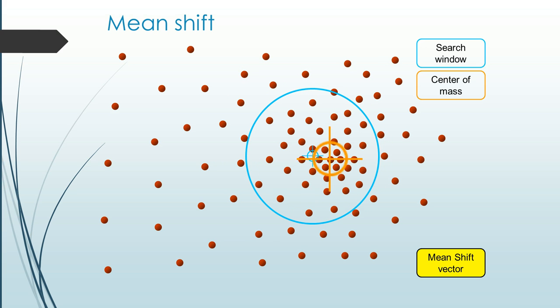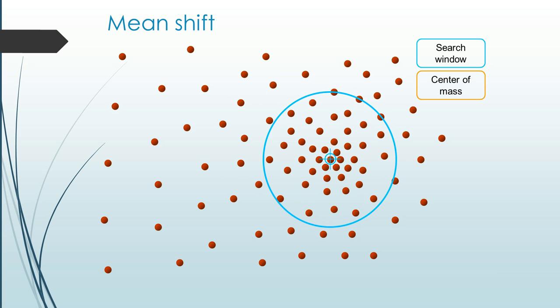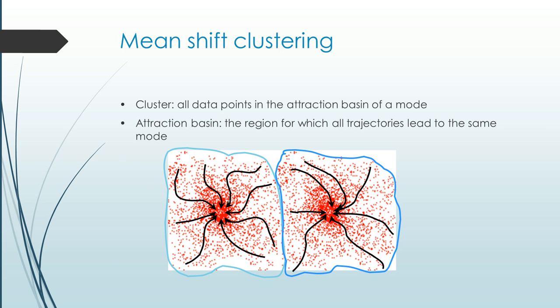position. Eventually it will come up with a better centroid that is represented as the local maxima for this particular cluster. Now in each cluster, all data points are in the attraction basin of a mode. We talk about this attraction basin as the region for which all trajectories lead to the same mode.